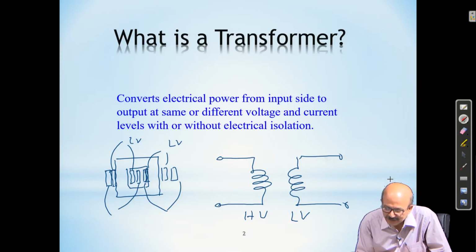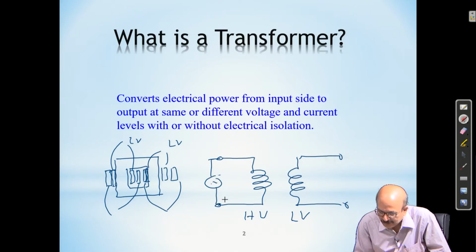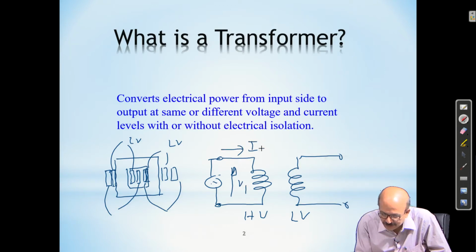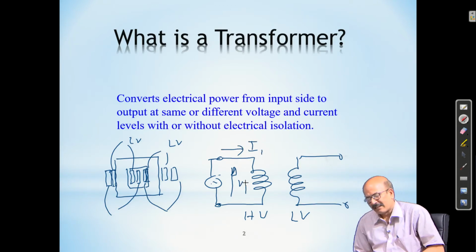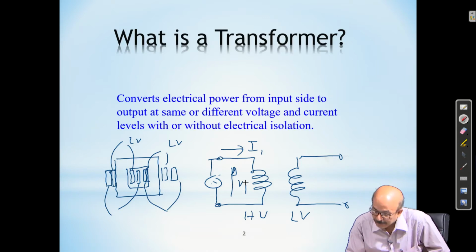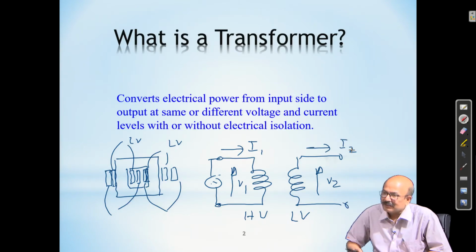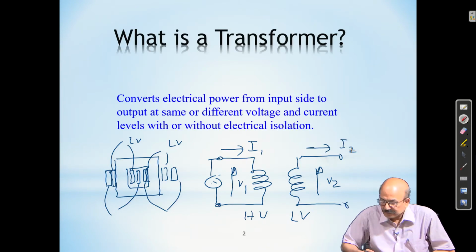By default, we will put the nomenclature V1, I1. So, this 1 indicates primary by default, and this side V2 and I2 are secondary by default. That is all. Let us go ahead.